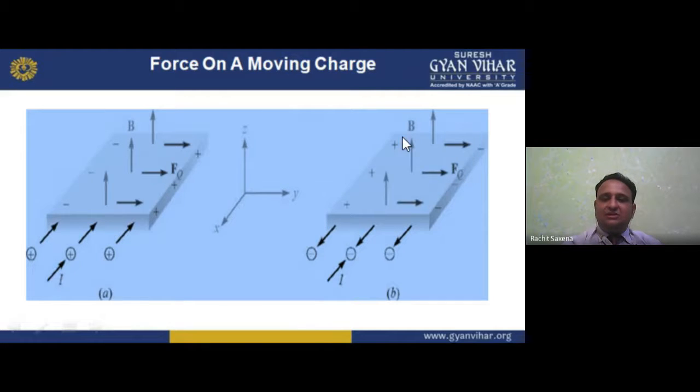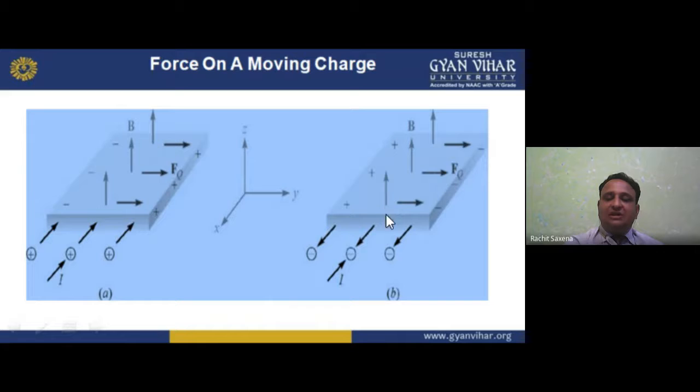Here this side is positive and this side is negative. In the previous case, negative was this side and positive this side. So this is the entering one, and this is the leaving one. Here I basically change the conductor. Again the current is entering with velocity, meaning charges are flowing with velocity, linear.